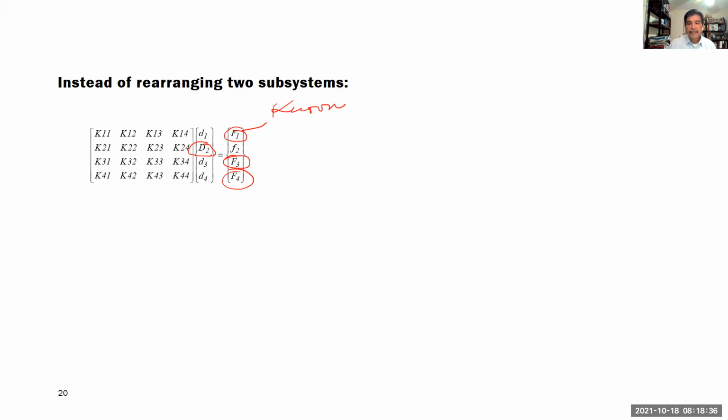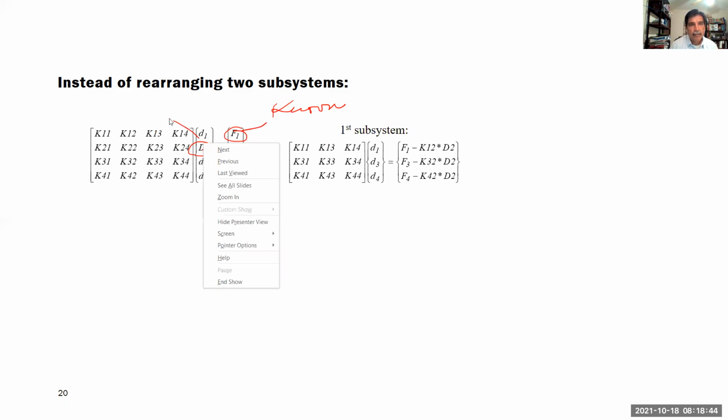So what we have to do is, this is what we have done, the first subsystem. We say this is multiplied by this column, because D2 is known, and we take this and that equation.